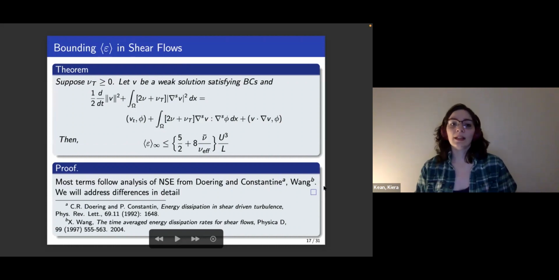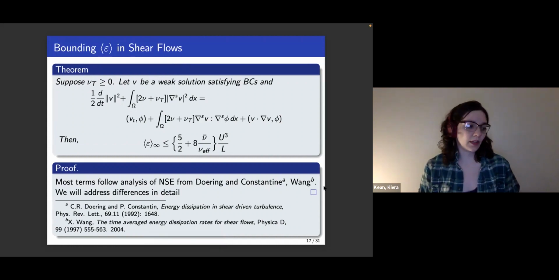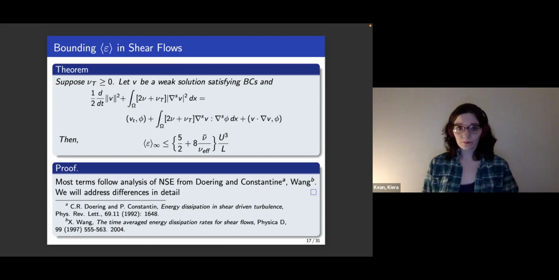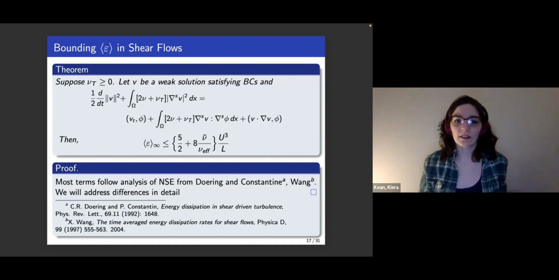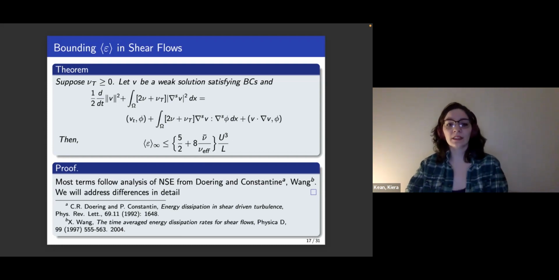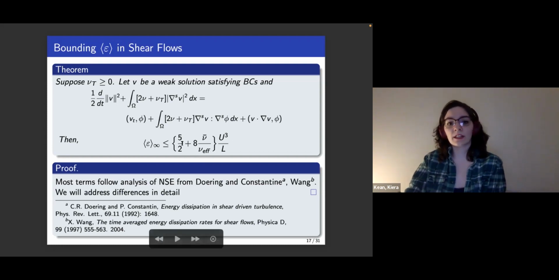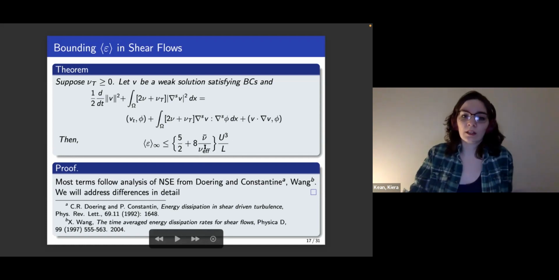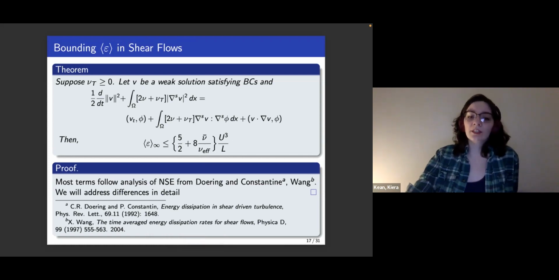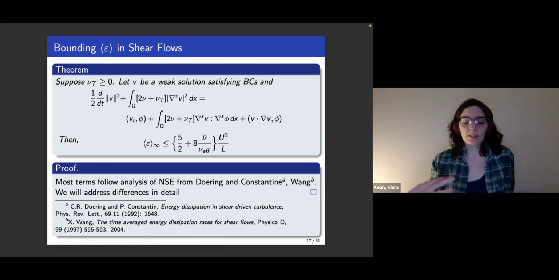So we can start by looking at the most general setting. So not examining any specific turbulence model, we look at this bound. So basically what we have here is that we should see the correct energy dissipation rate if we can control nu bar over nu effective, so the ratio of the average to effective viscosity.